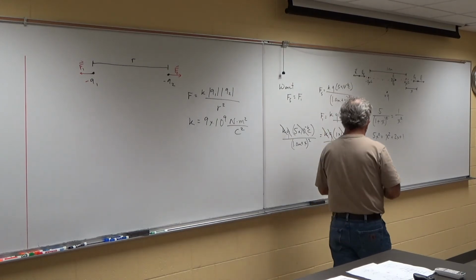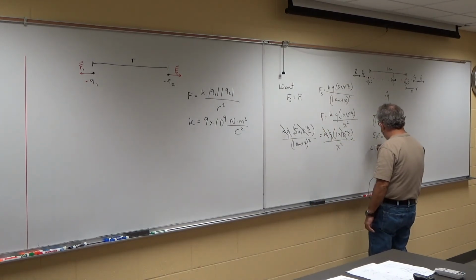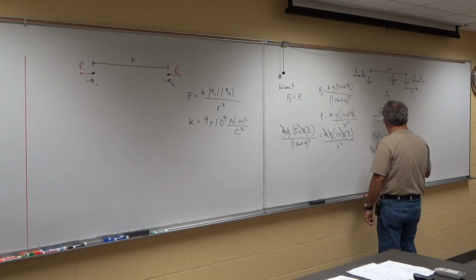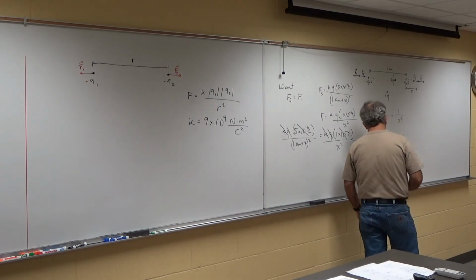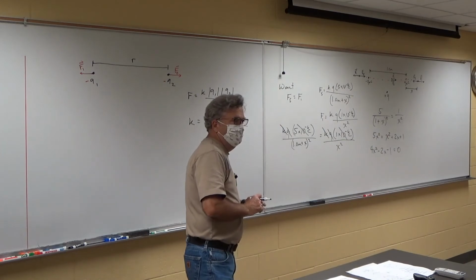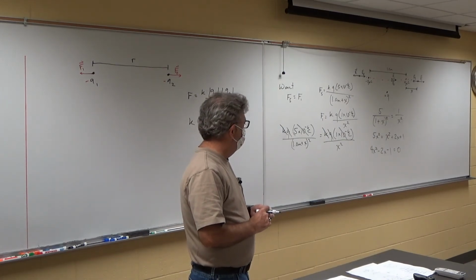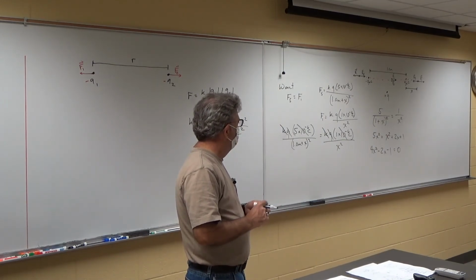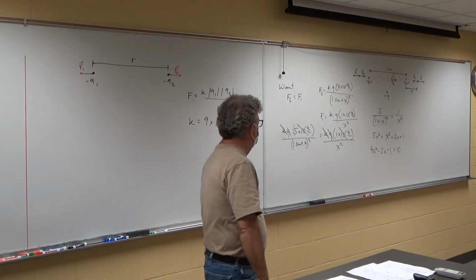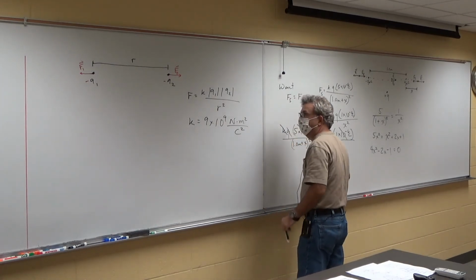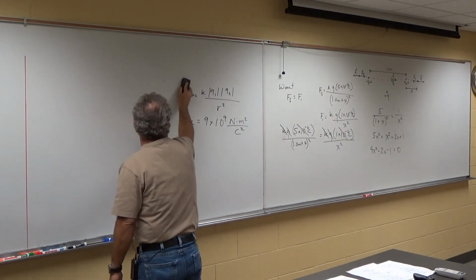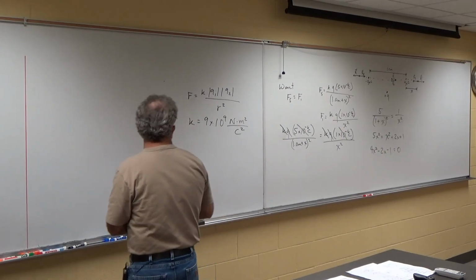So you get 4x squared minus 2x minus 1 is equal to 0. Solve. How do you solve it? Plug it into your calculator or whatever you need to do. Can somebody please do that now?